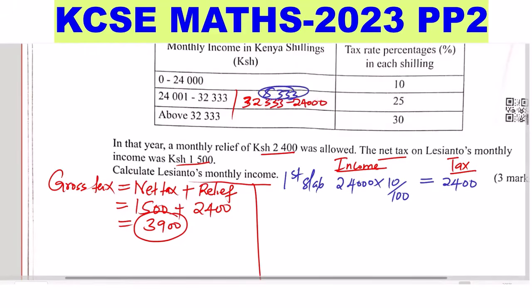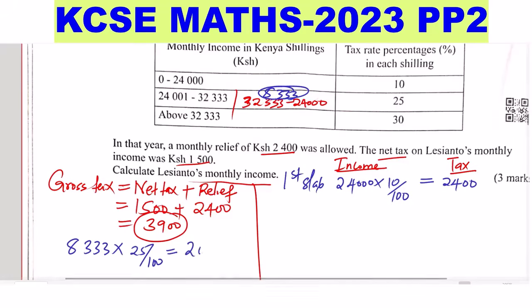That is the size of the slab. Just testing, if I tax that amount, 8,333 times 25%, I'll get a tax of 2,083 and 25 cents.